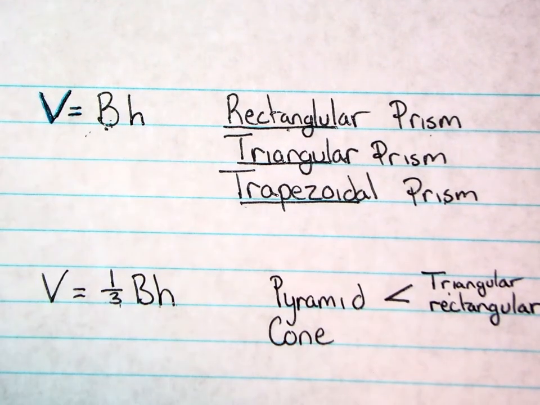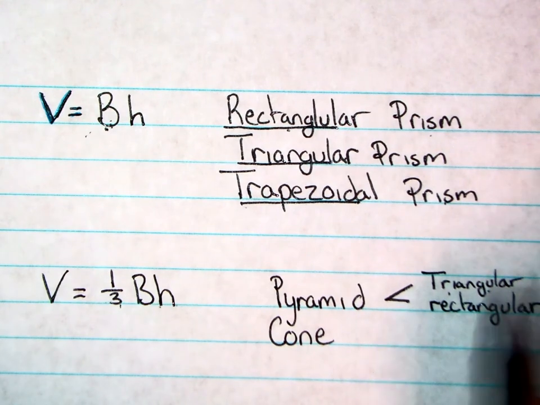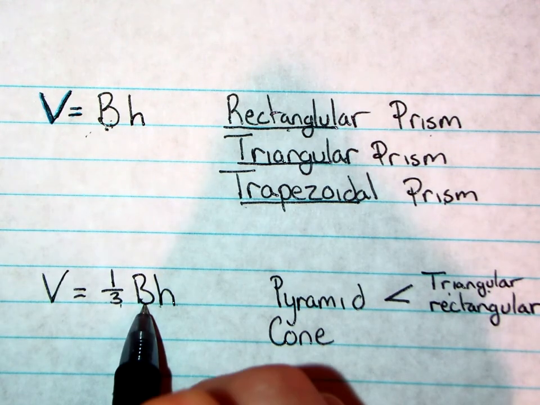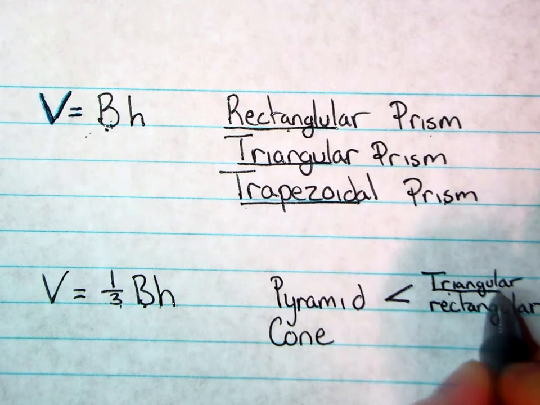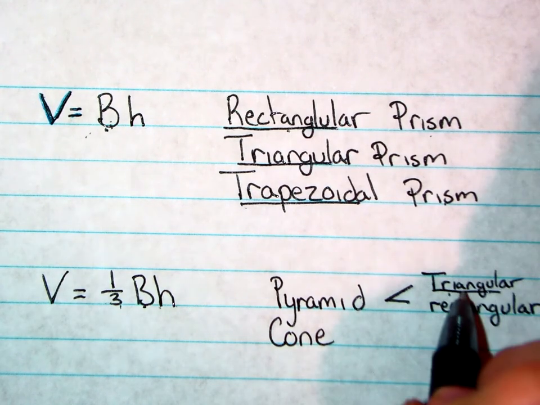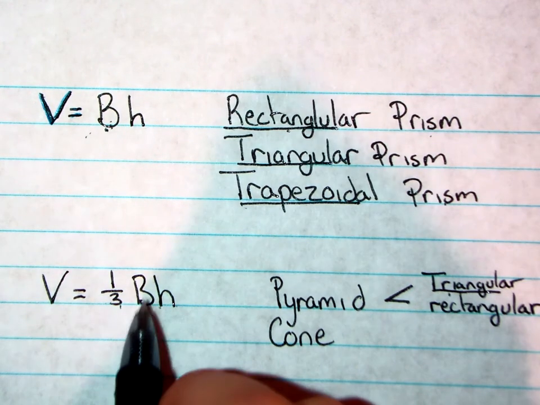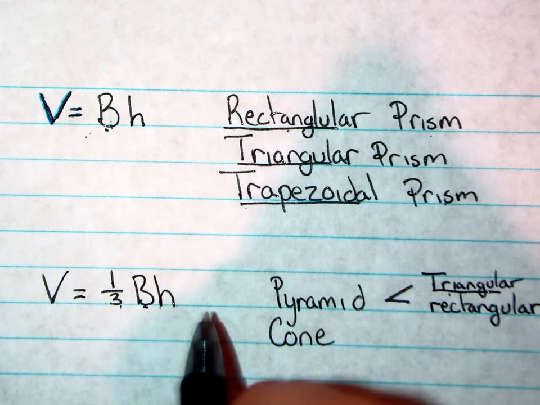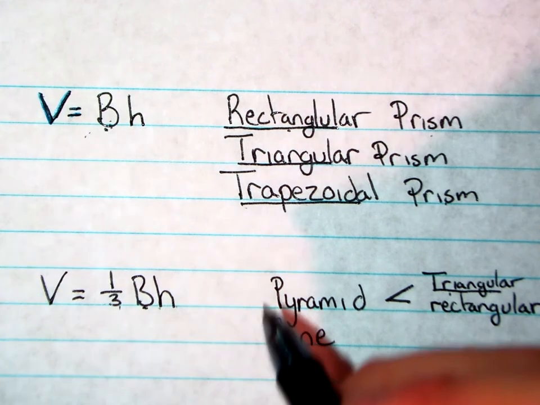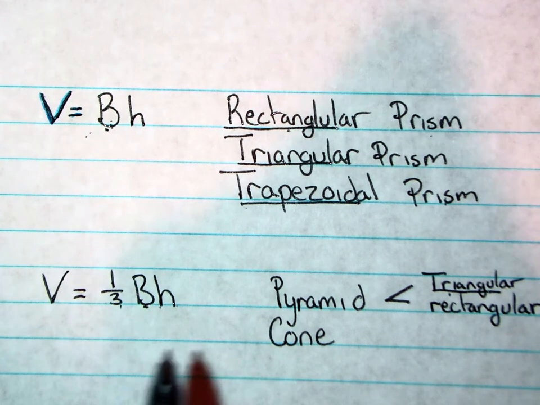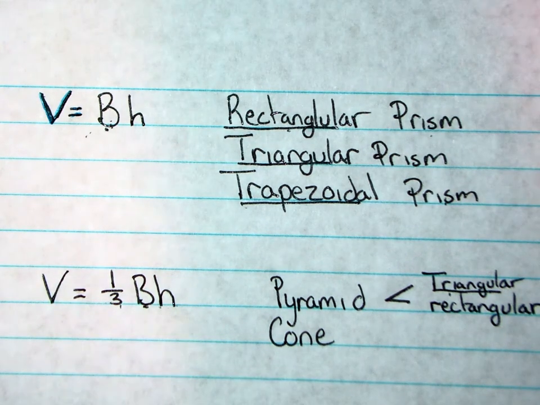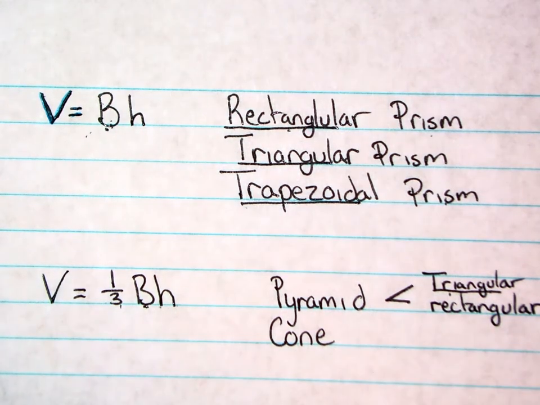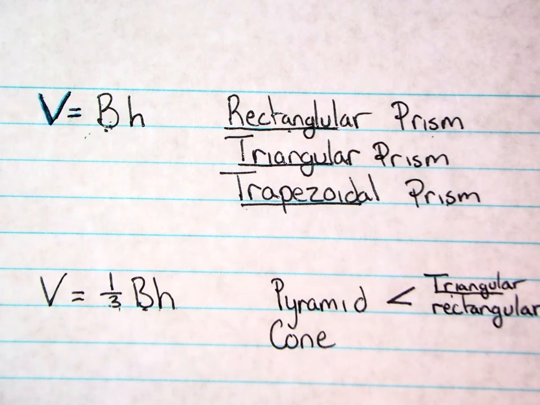And so if I have a triangular base, then the first thing I need to do is find the area of the base, which would be the shape of a triangle. And so I would use the formula for a triangle to find the area of the base. Once I know the area of the base, I plug that in for my big B, and multiply by the height of the pyramid, and then finally multiply by 1/3 or divide by 3.